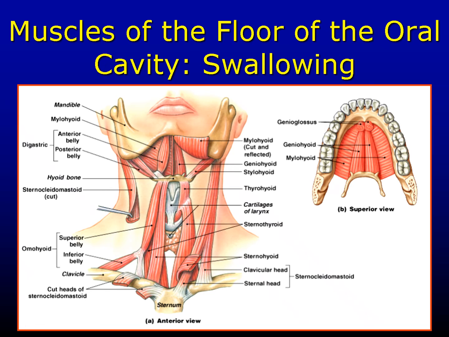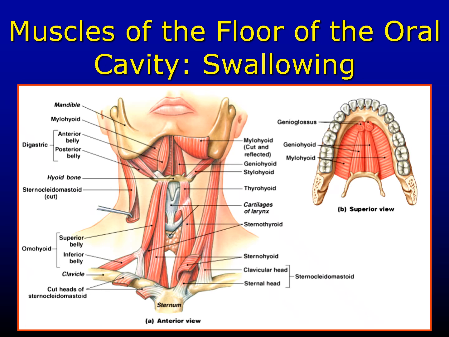2, the stylohyoid is innervated by CN7 and elongates the oral cavity during swallowing. 3, the mylohyoid presses the tongue against the roof of the oral cavity during swallowing to move food into the throat, pharynx.